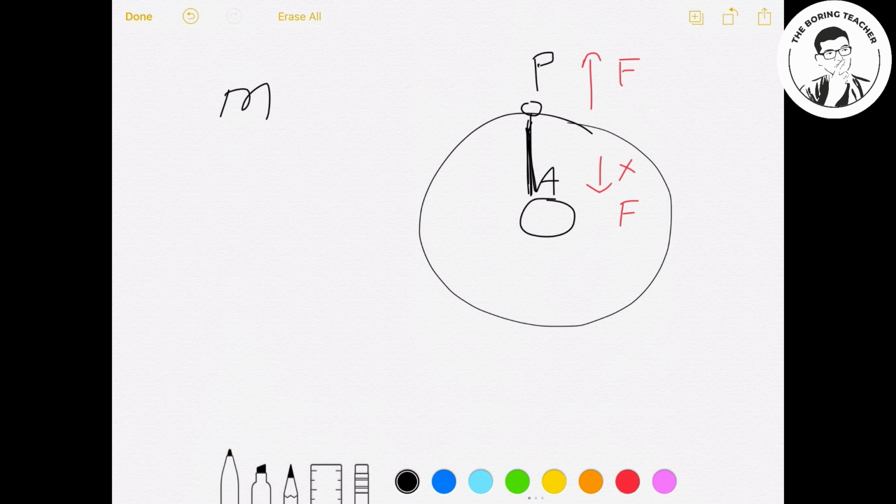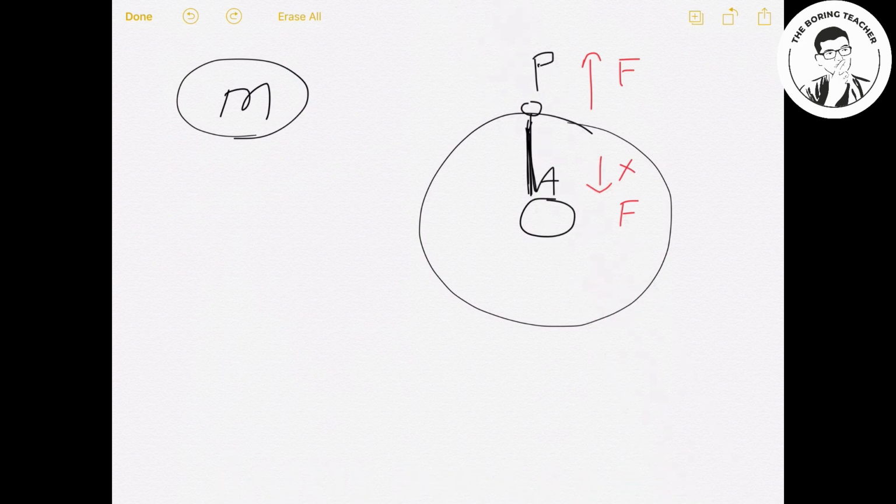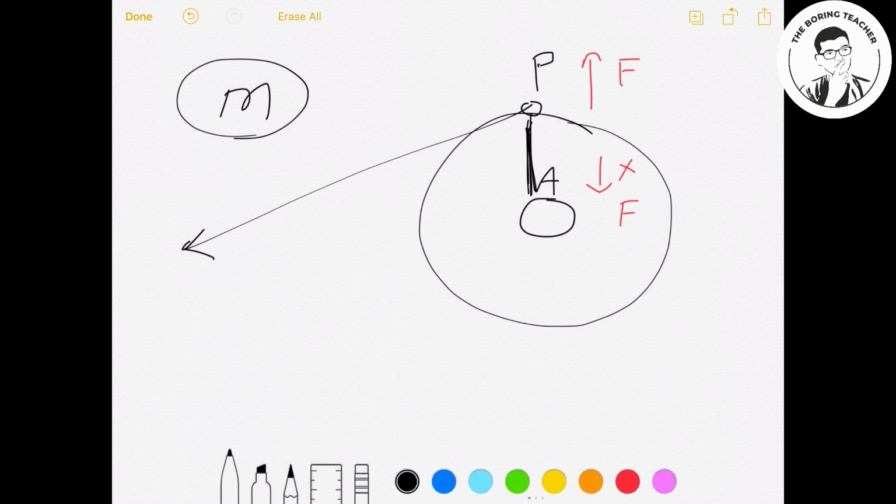For the person standing at the position M, as we know, when a particle is suddenly released from a circular path, it moves in the tangential direction like this, right? So the person standing at M will see the particle moving in this tangential direction, observing the different points of the particle like this.